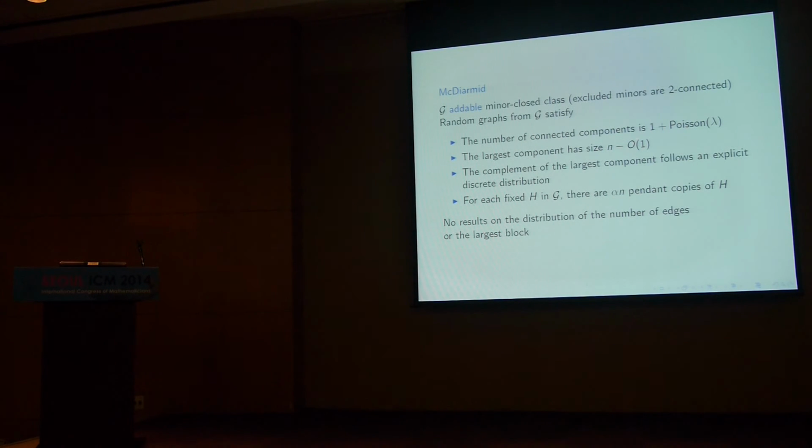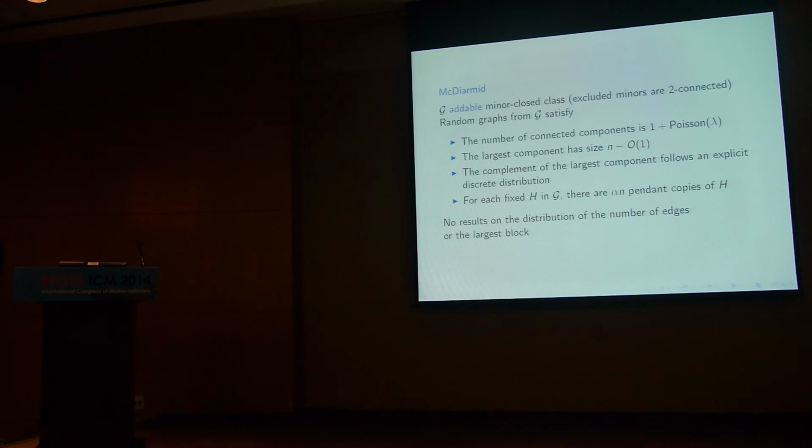The number of connected components is 1 plus some lambda, and we can say something about this lambda. The largest component, again, is almost everything. The complement of the largest component, which is a discrete graph, follows an explicit discrete distribution called the Boltzmann-Poisson distribution. And for each fixed H, there is a linear number of pendant copies of H.